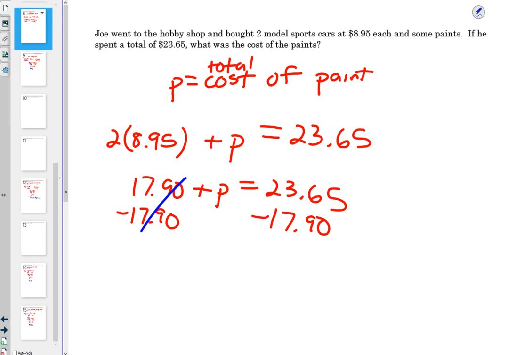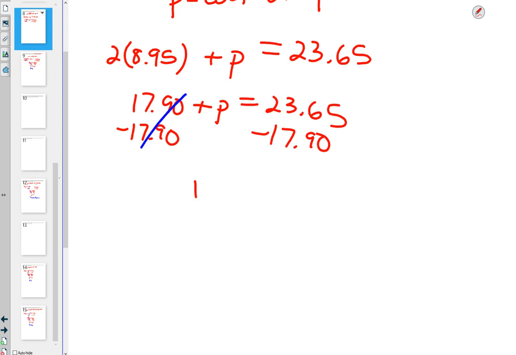So the cost of the paint is $5.75? $5.75 for paint. Yeah.